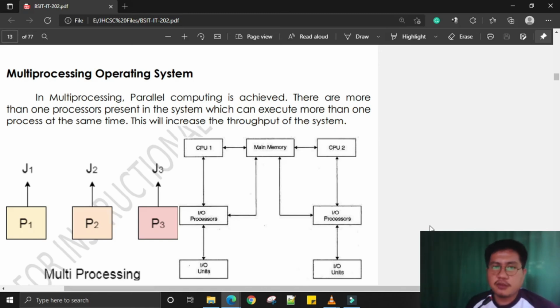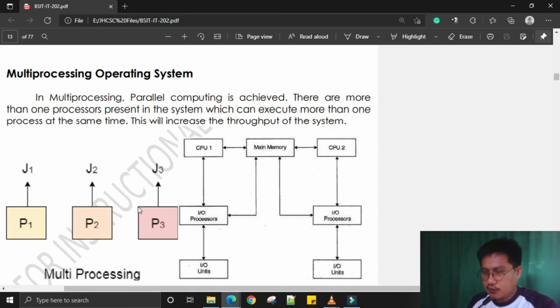So in a multiprocessing operating system, different jobs could be performed simultaneously and could produce a result at the same time. Like in the diagram, we have job 1, 2, and job 3 performed at the same time, and they could output at the same time or differ in time depending on the length of the job.